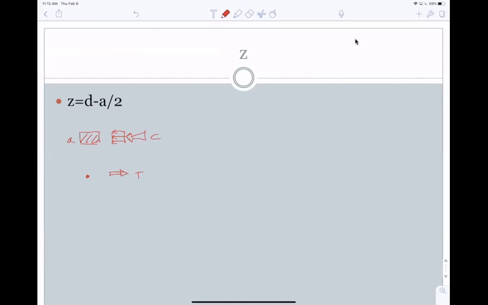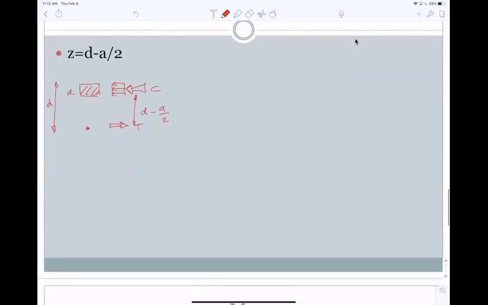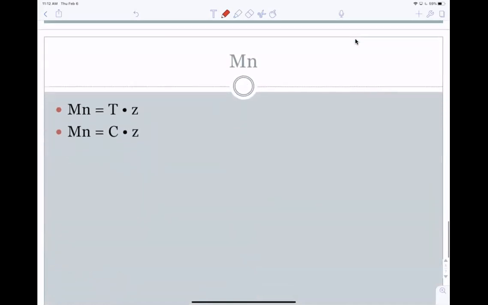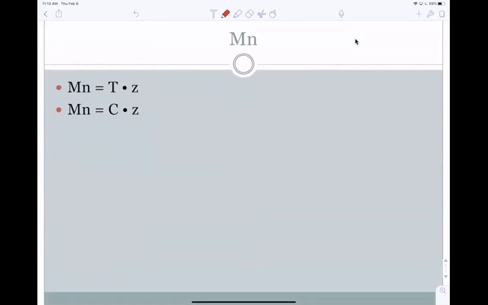So the distance from the top to the steel is d. So that means this distance here is d minus a over 2, right? You come down to the middle of that rectangle. So z is d minus a over 2. And then finally, Mn is T times z. So I like this one, Fy As, that's T, times d minus a over 2.